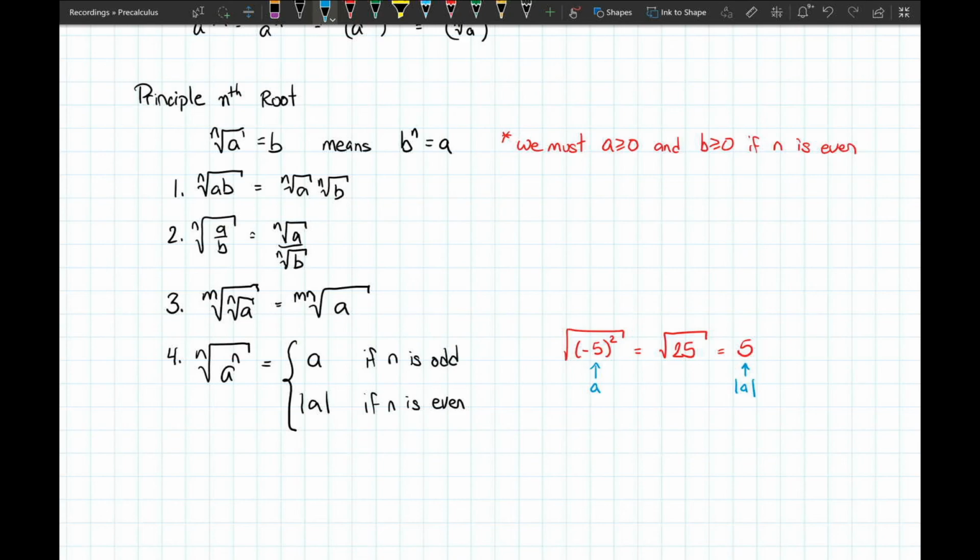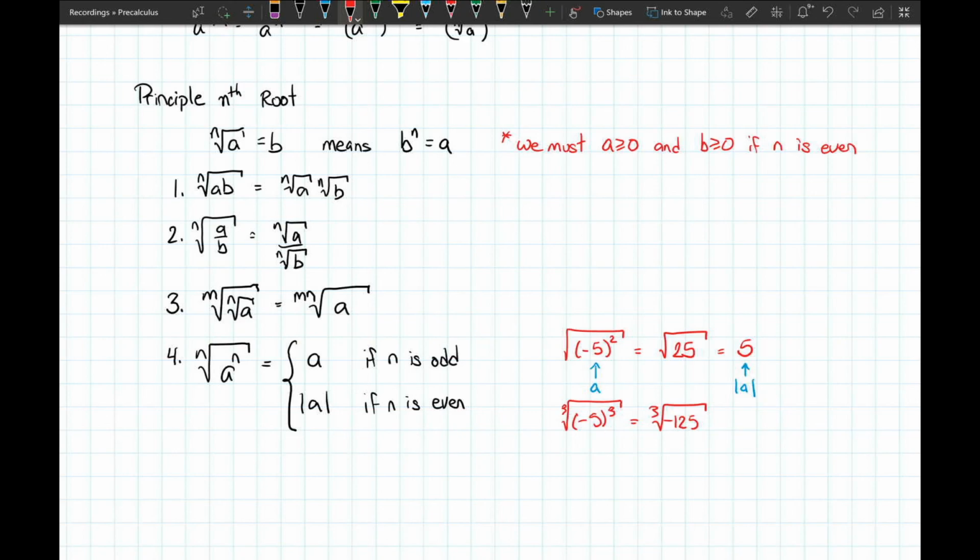If I have an odd-powered root and I look at -5 cubed, and then cube root that, then -5 times -5 times -5 is -125, and I'm going to cube root that, and that's okay. For odd-powered roots, we don't need to have a and b positive.